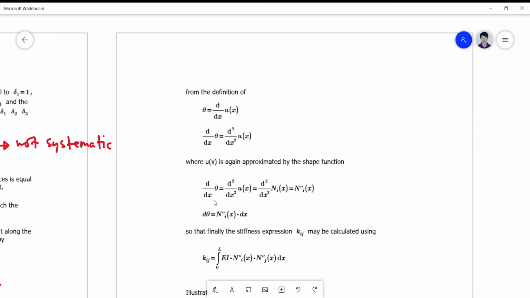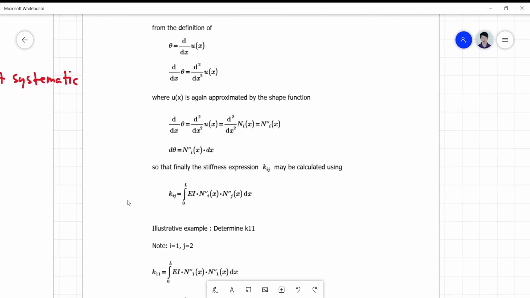And d theta, upon multiplying by dx on both sides, will yield N double prime ix dx. So that finally the stiffness equation now becomes Kij equal to the integral from 0 to L of EI N double prime ix times N double prime jx dx.